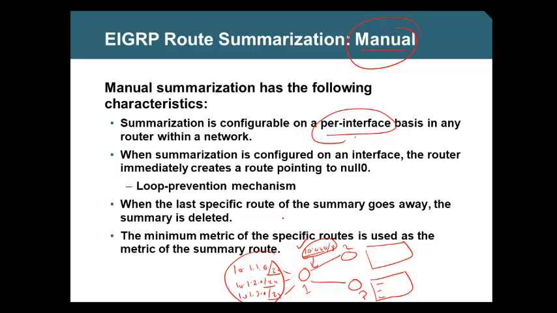Now, to which interface will that /8 be mapped? Will it be mapped to this interface or this interface or this? A null interface. Null zero interface. Why? Because that summarization is not of a single interface. It's a summarization of all these three interfaces, so it cannot point towards one single interface because it's common for all three.